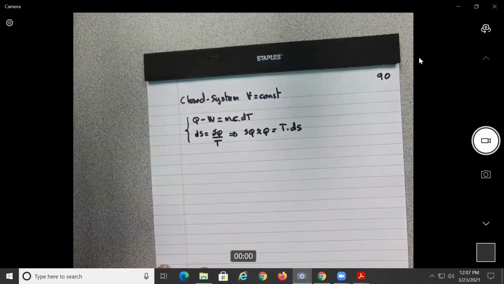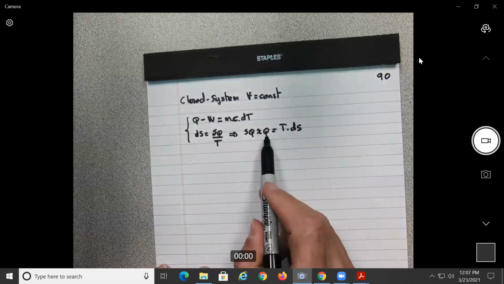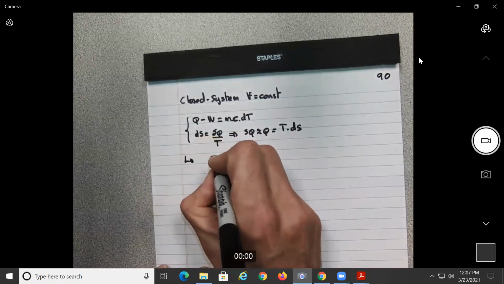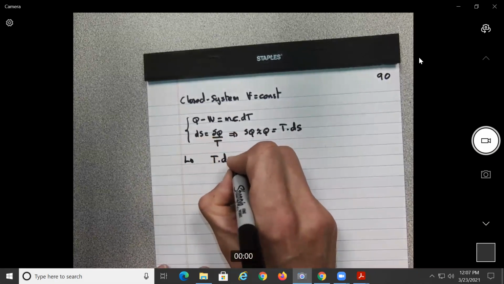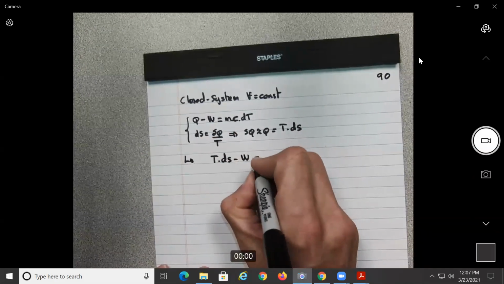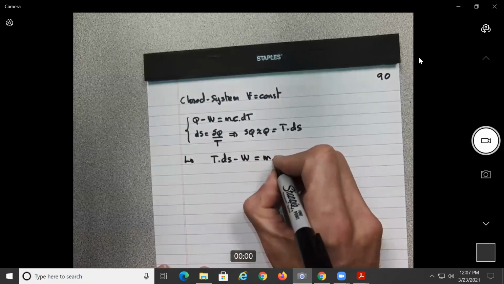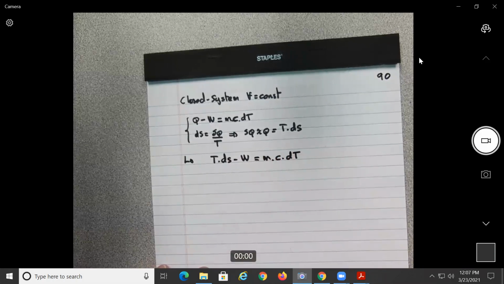All right? Now if I substitute this Q into the first equation, from here we get TdS minus work equal to M C dT.